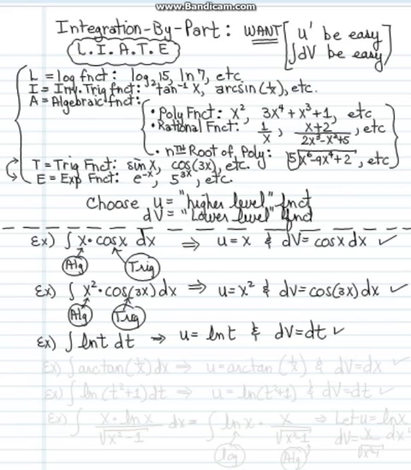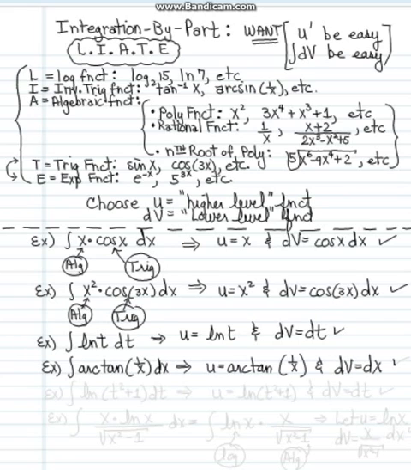All right, another example. The integral of the arc tangent of 1 over x dx. Again, we only have one function here. And so we chose to let u equal arc tan of 1 over x, and then dv is dx.